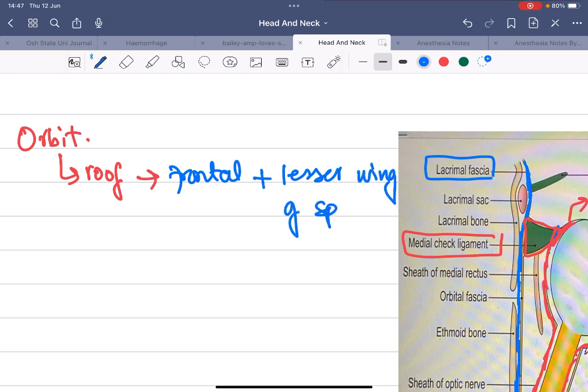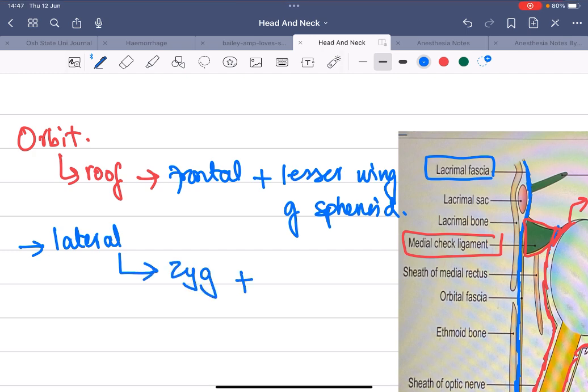Second, lateral wall. It is formed by the zygomatic bone and greater wing of sphenoid bone.